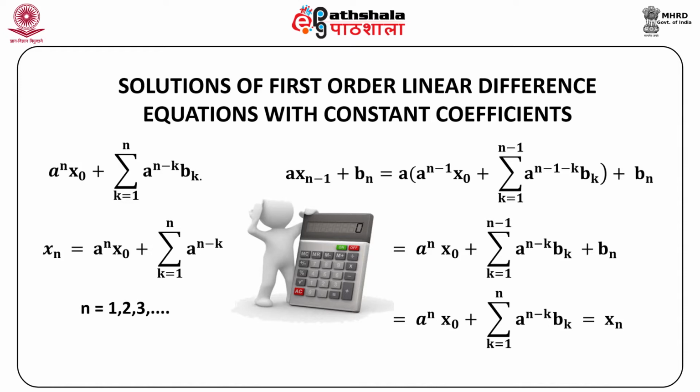So if the initial value x_0 is known, x_n can be determined for all n. We now verify whether 2 is a solution of equation 1.